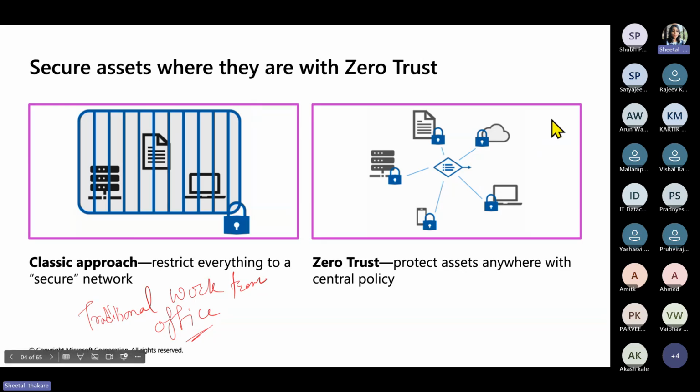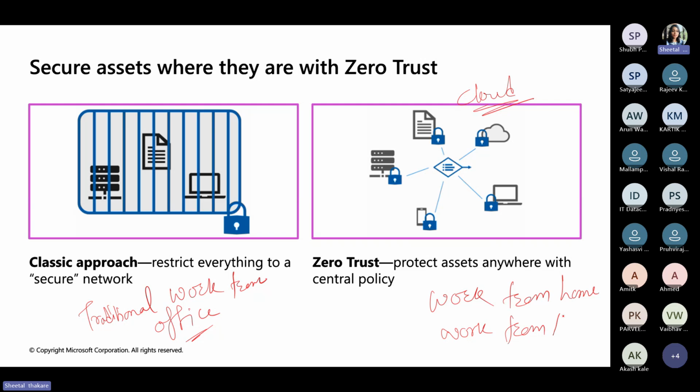But then came the era of cloud, and people began to work from home and then work from anywhere. Here you find that people are using different devices and different networks.